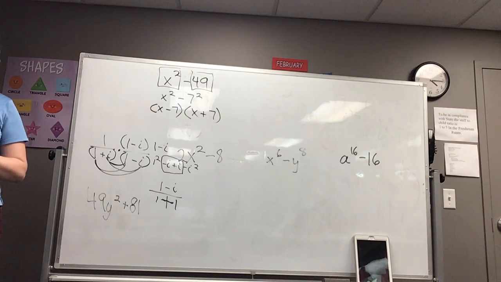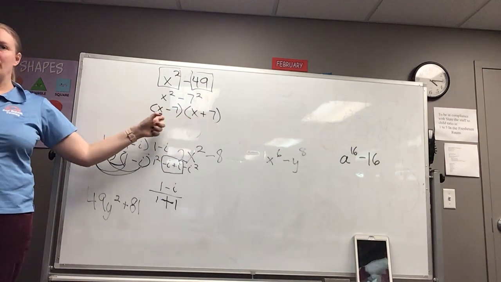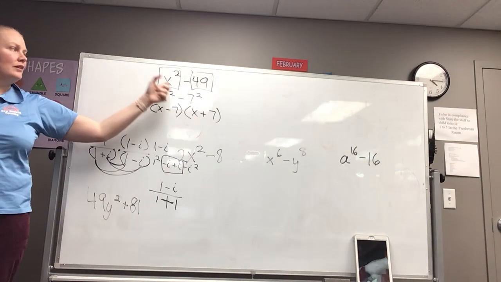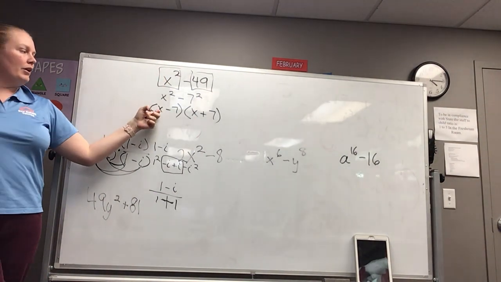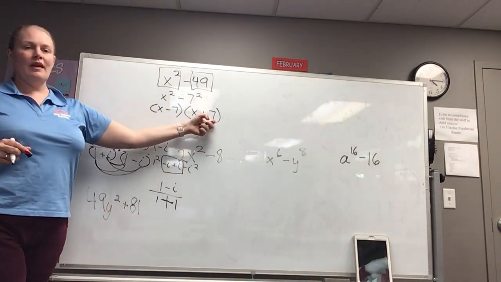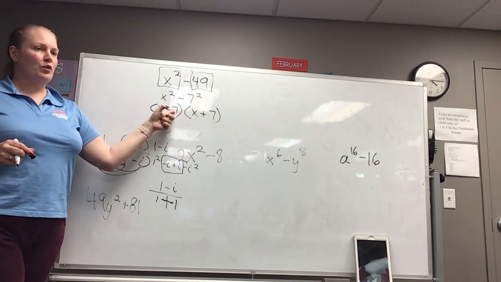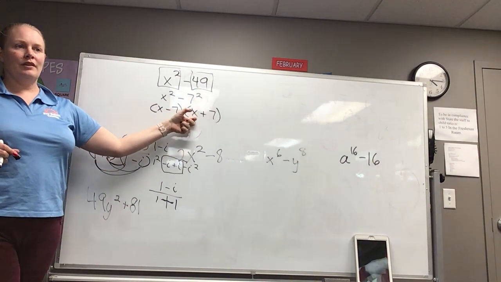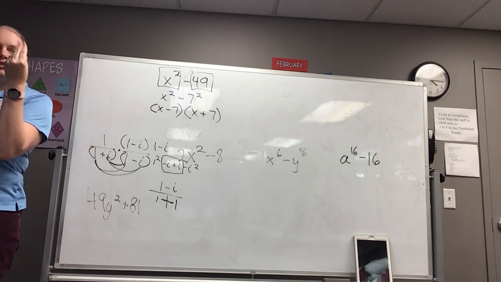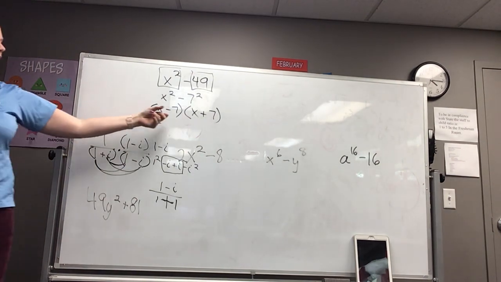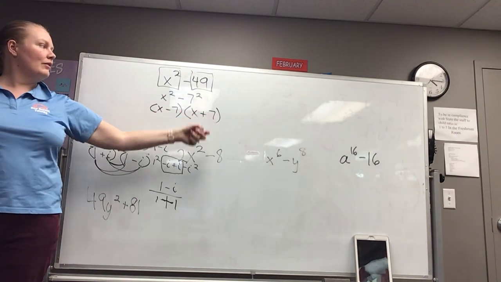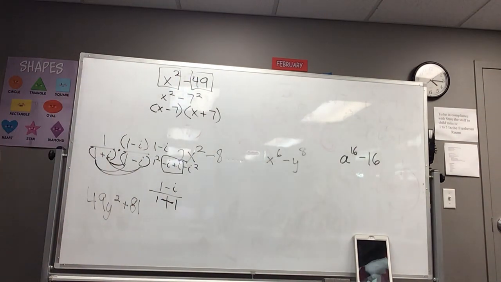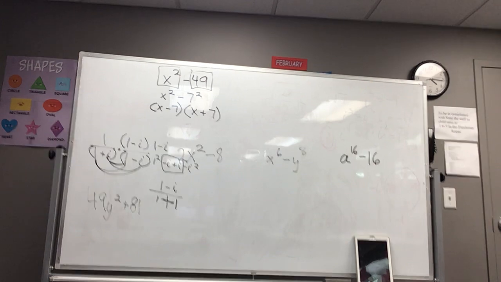The reasoning behind this is if we FOIL this out, we would get x times x gives us the x squared, but our outsides would be 7x, and our insides would be negative 7x. And so those middle terms cancel each other out, leaving just negative 7 times 7, which gives us the negative 49. And so that is the difference of squares.